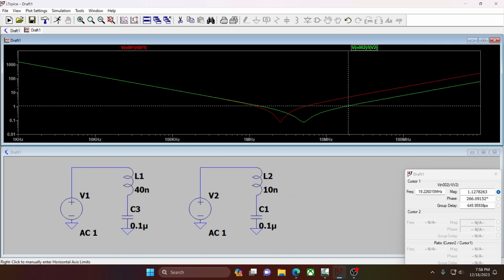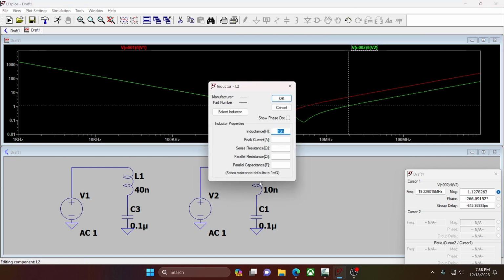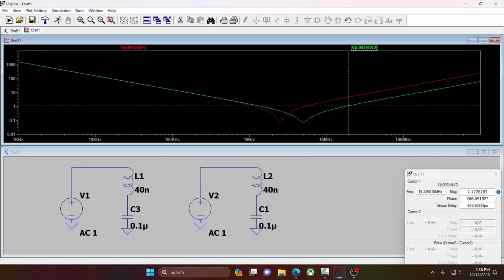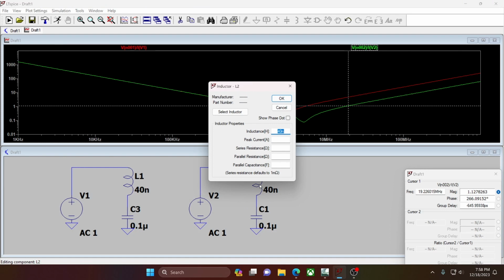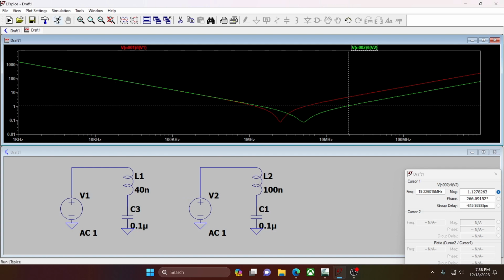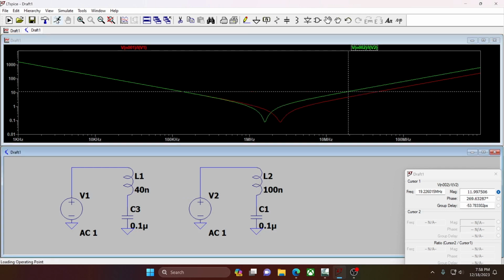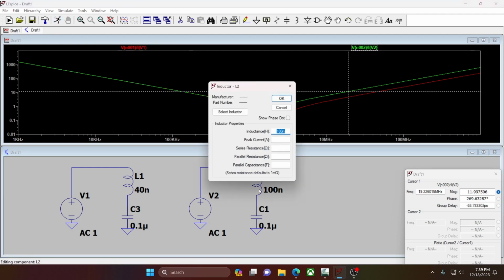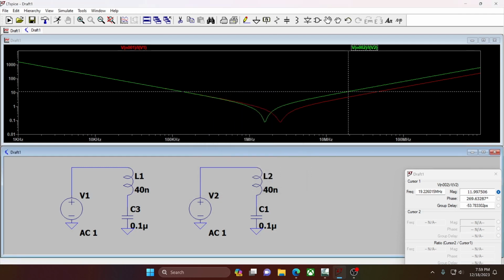Okay, so let's set this back up to 40. Actually, no, I changed my mind. What happens if we really screwed up, man, and we go up to 100? All right, just making sure it goes up higher. Okay, let's switch back to 40.